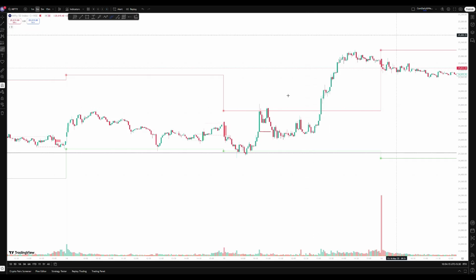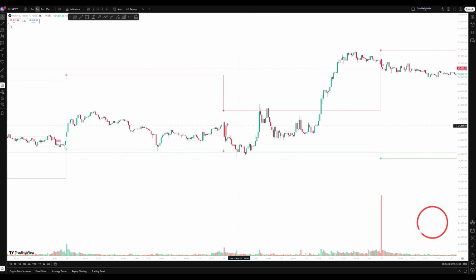So I'll just show you what exactly I've been trying to do. Whenever you look at these kind of big candles, here you see a big candle has been formed. Now there are two concepts of trading this, and I'll show it on the option charts as well.